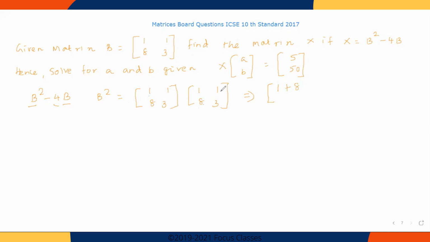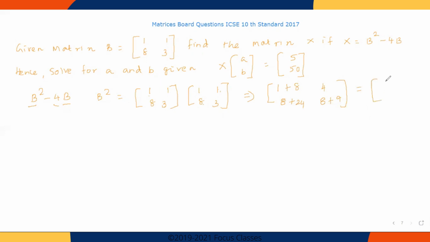Similarly, 1 into 8, 8, plus 8 into 3, 24. Next, 3 into 1, 3, plus 3 into 3, 9. Then 3 into 8, 24, plus 3 into 3, 9.